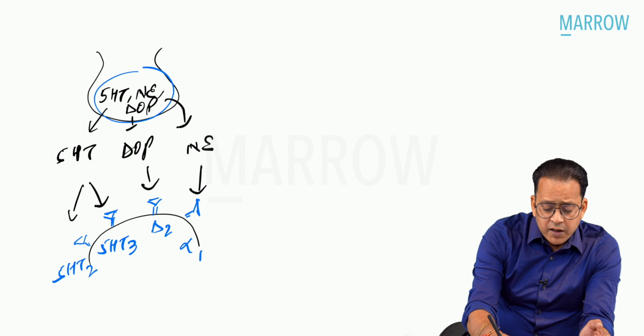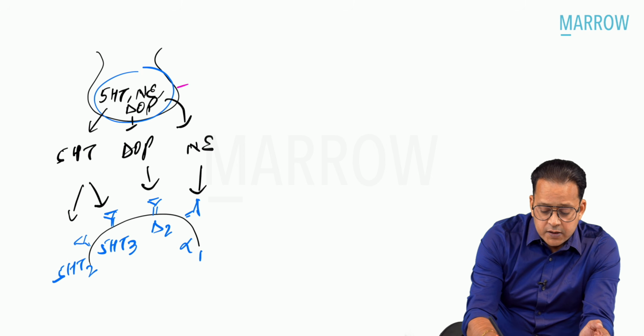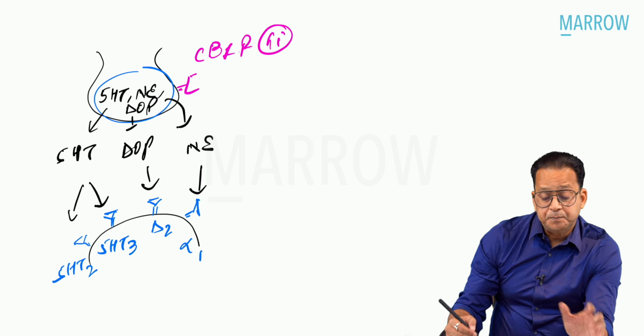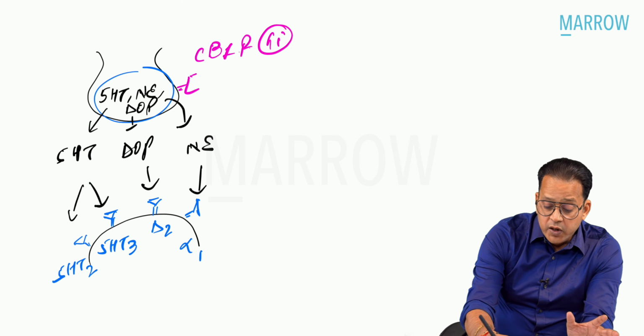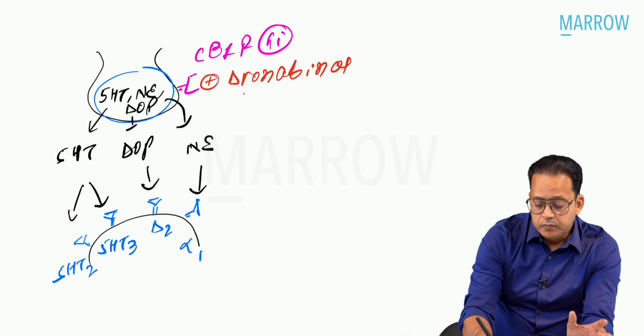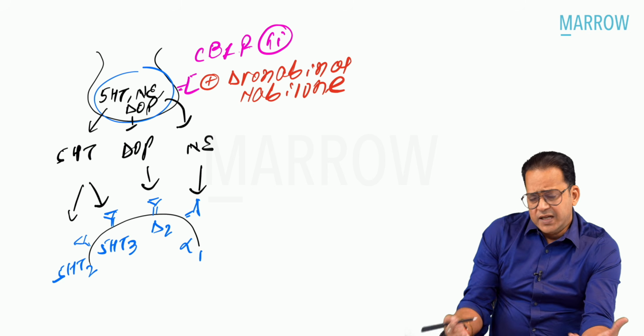Now let us talk about a receptor called cannabinoid 1 receptor, that is presynaptic, plus it is Gi subtype. Now, I can stimulate this receptor by giving drugs like Dronabinol and Nabilone. So, look at this, it's very simple.